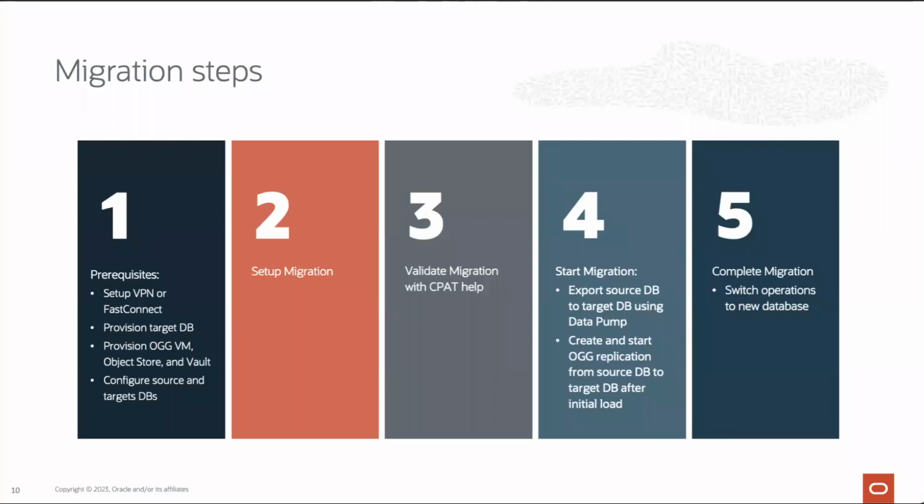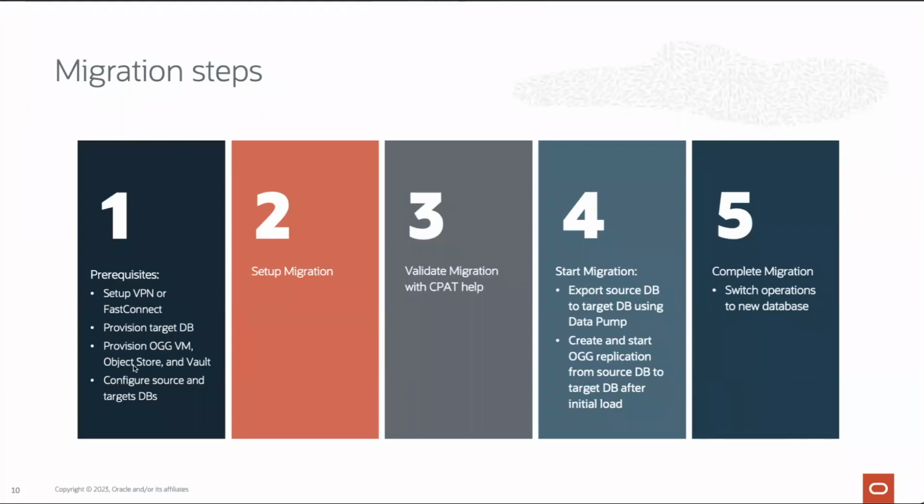For that, we also need to have some firewall rules enabled, for example, the listener port to connect to the database. We also need to provision our target database. Remember, we do a logical migration. We can't copy over the data files and start a new database out of those data files. We really need to create our target database upfront, and then we load the data into that database.